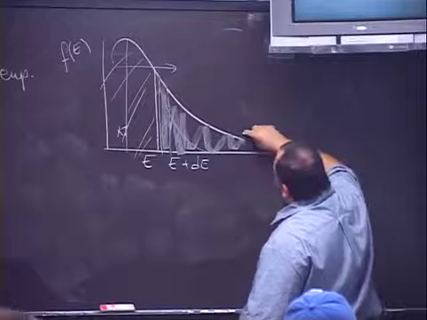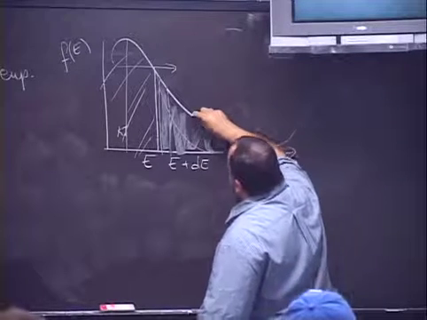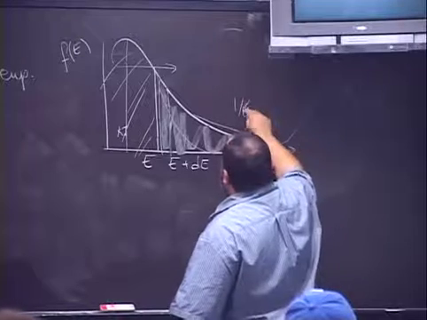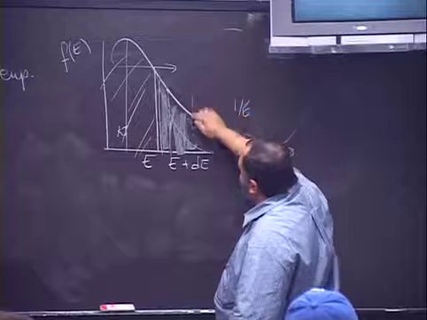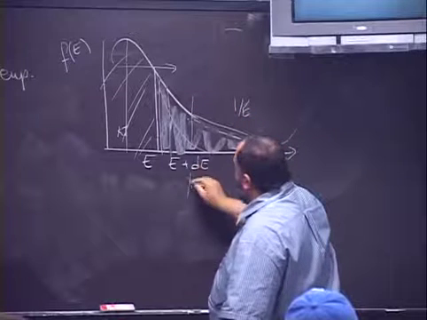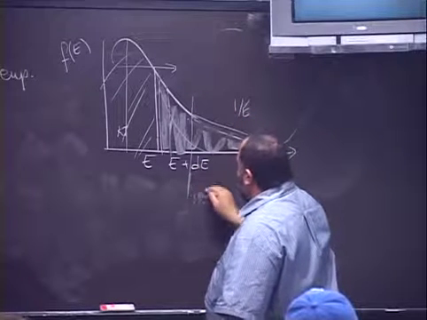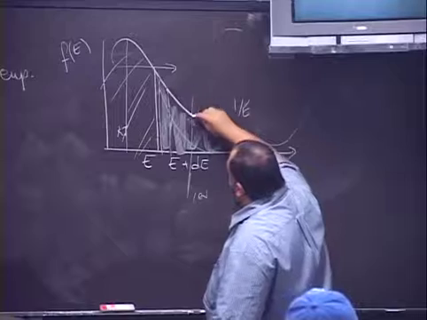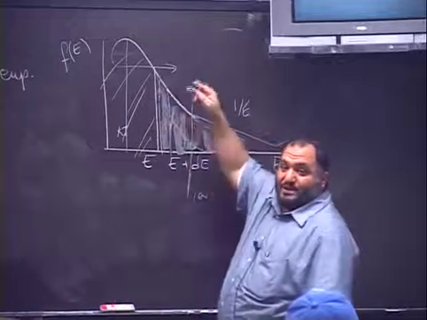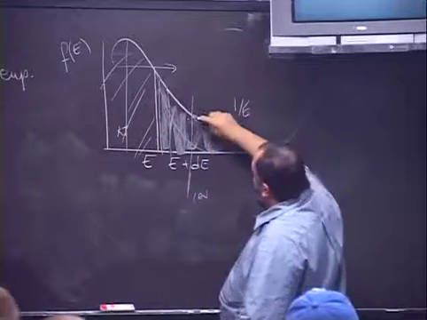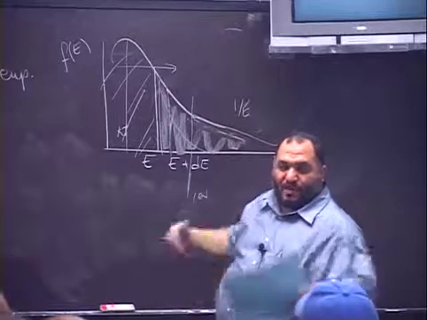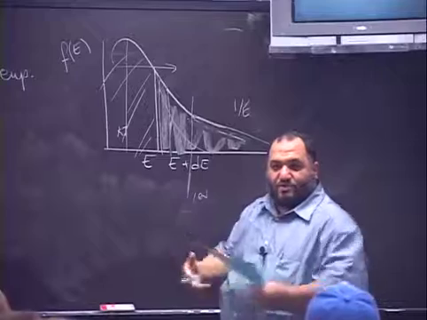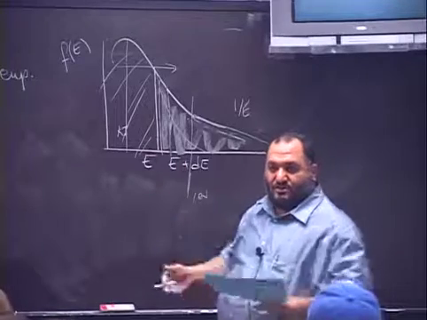Then it goes like 1 over E here. So somewhere in the 1 electron volt range, this is a Maxwellian, which goes like e to the power of minus E over kT, and it should meet 1 over E. So we have to have continuity of these two functions.